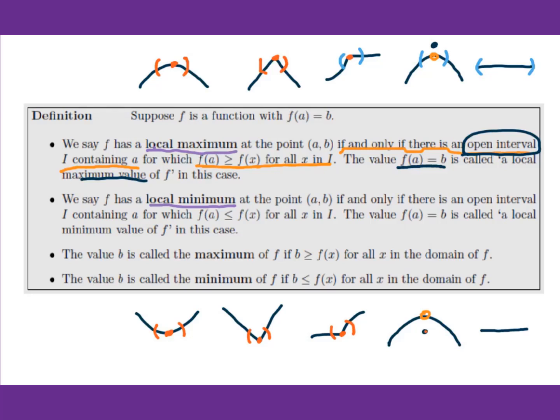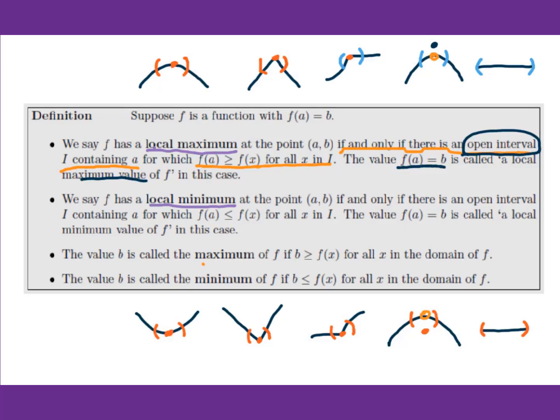This will be a local minimum for this interval. And a horizontal line will be a local minimum because we can form this open interval. In other words, for a horizontal line, they are both a local maximum and a local minimum.